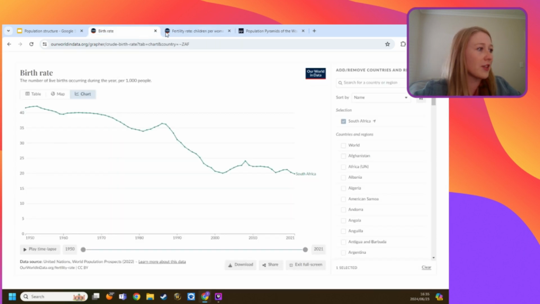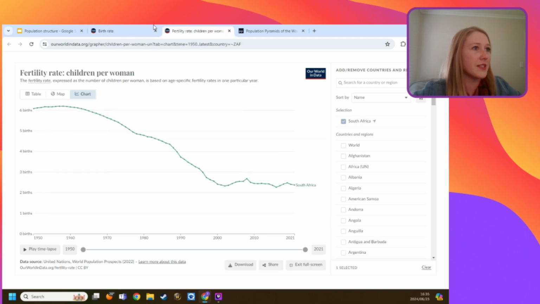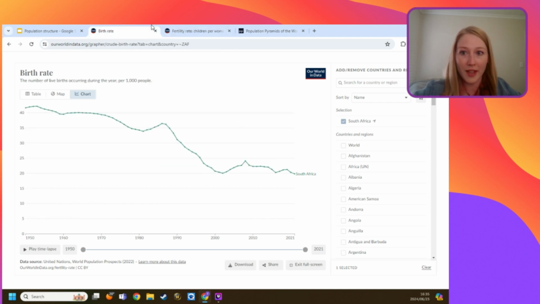Okay, I see South Africa's also had a decrease in both of the indicators. So birth rate started at around 41 kids per 1,000, 41 babies per 1,000. And it has gone to 19.8.